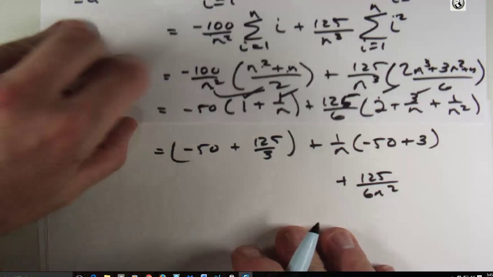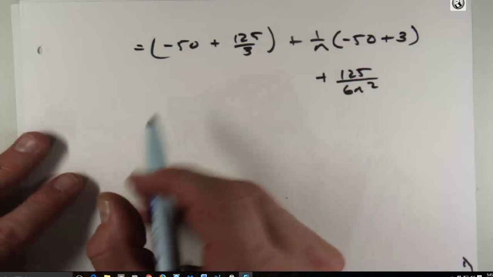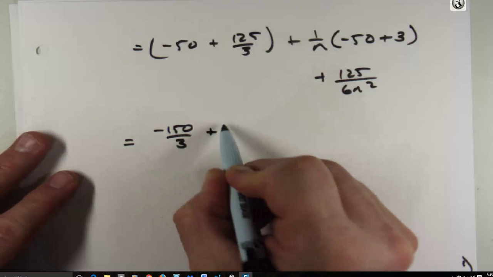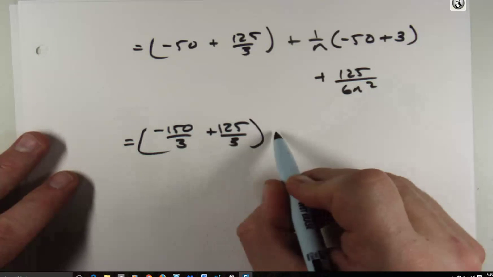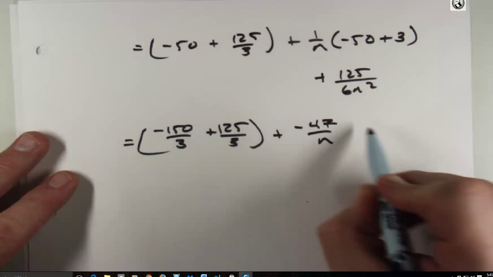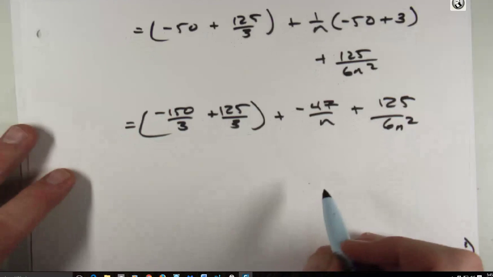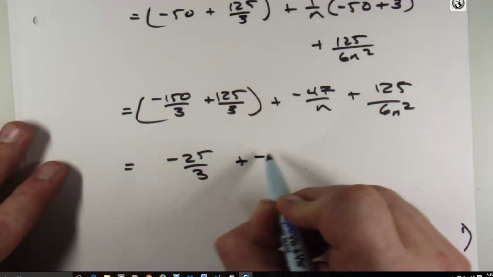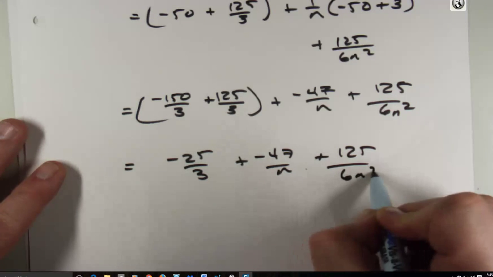And now let's clean this up. Let me remove this. All right, this is minus 150 thirds plus, oops, don't forget the 100 like I just did, plus, okay, minus 47 over n plus 125 over 6n squared. Let's clean this up some more. Minus 25 thirds plus minus 47 over n plus 125 over 6n squared.